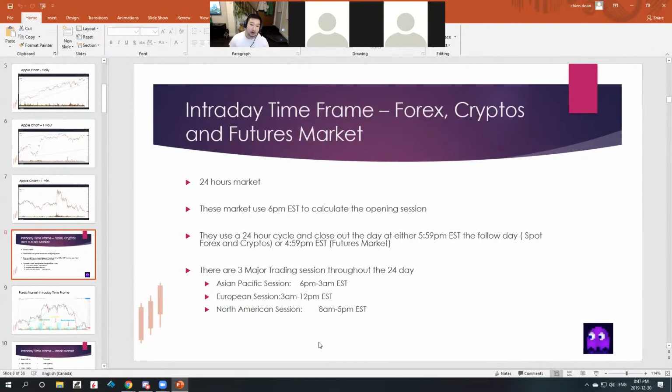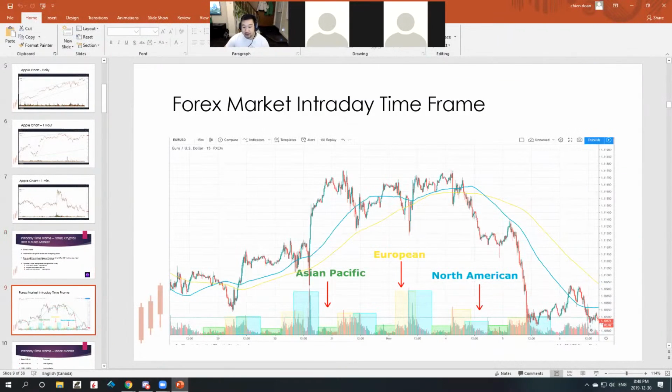So in a 24-hour market for Forex, although you can trade any time of the day, not all times of the day are equivalent in terms of opportunities. So keep that in mind. You can see here on this chart, I showed you in the green, you have the Asia Pacific volume, and you see here in the green boxes, this is the lowest amount of volume that you can find.